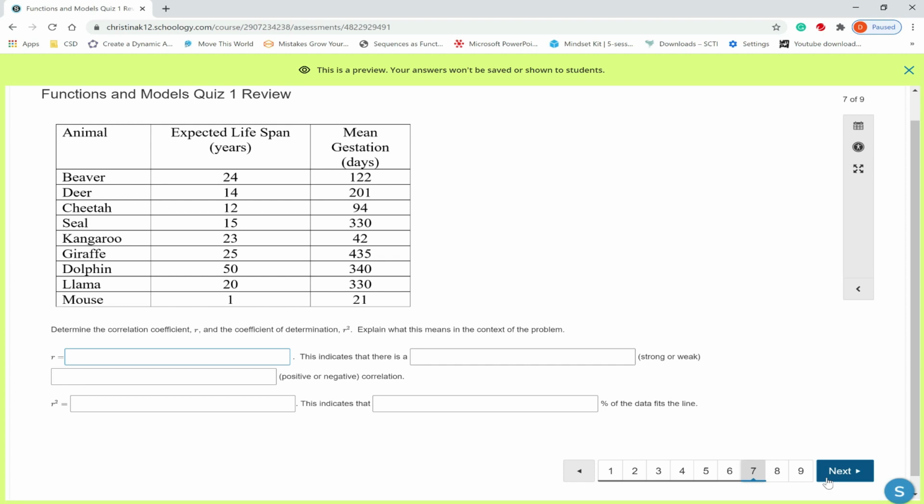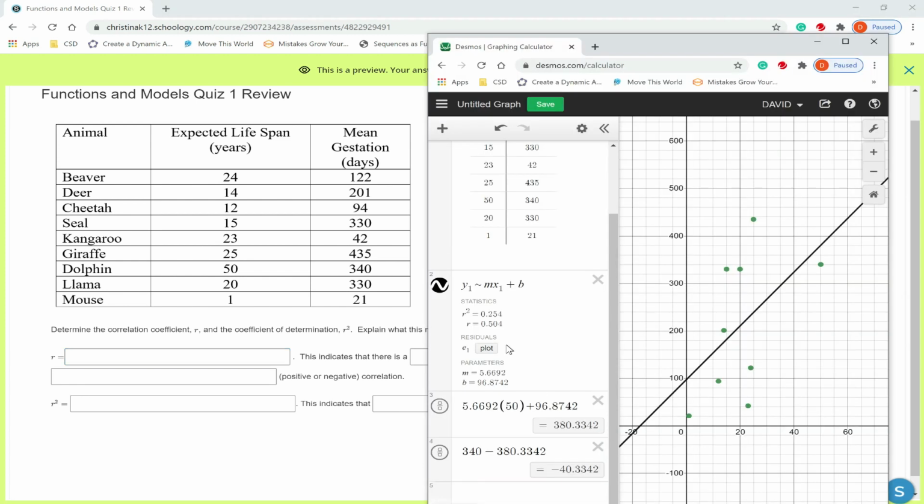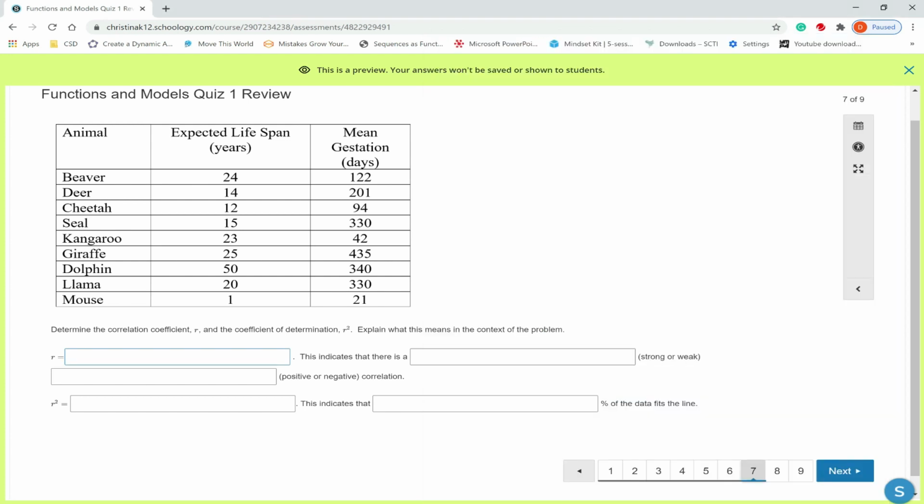Okay, question number 7. Let's determine the correlation coefficient R and the coefficient of determination R squared, and explain what this means in the context of the problem. We already have that. The R value is 0.504. And this indicates that you have to pick strong or weak. The closer we are to 1, the stronger it is.